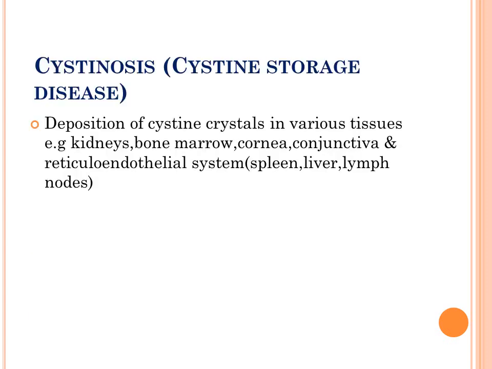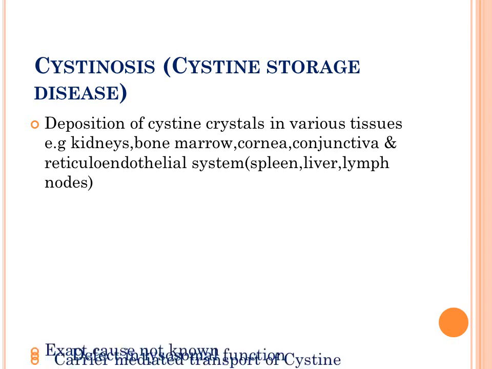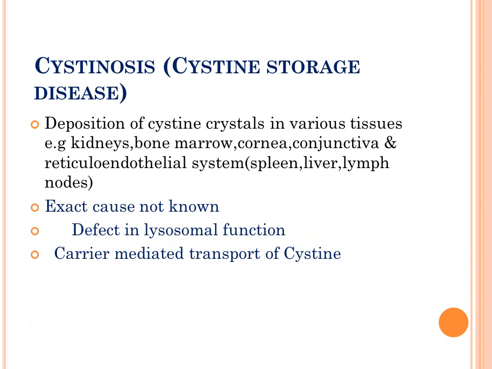Then the other disorder is cystinosis, which is also called cystine storage disease. This is a type of lysosomal storage disorder where deposition of cystine crystals takes place in various body tissues, which include kidneys, bone marrow, cornea, conjunctiva, reticuloendothelial system, etc. So a large number of body tissues are affected because of the accumulation of cystine, though the exact cause is not known.